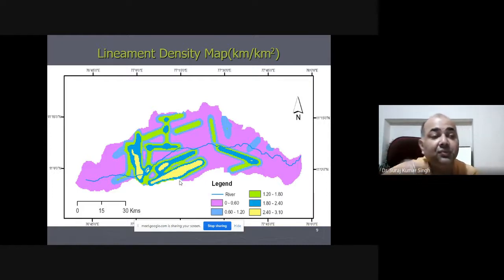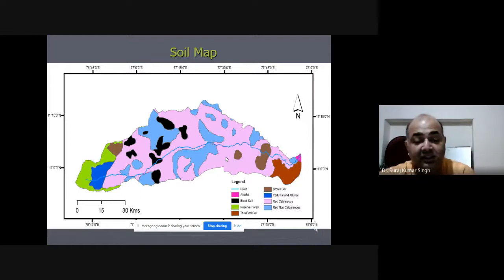The logic was that we wanted to identify the area where we'll get high recharge, or where we'll come up with new recharge sites. So for that, these layers are very primary and basic, and have to be created in order to understand the dynamics of the river in that area.